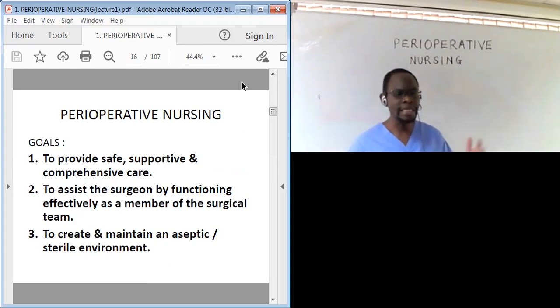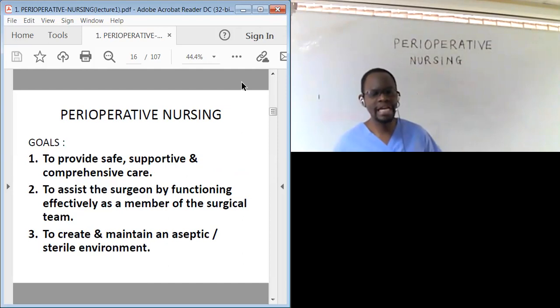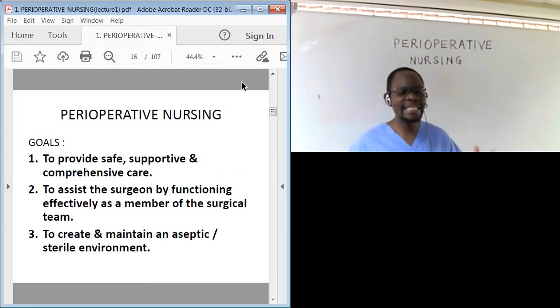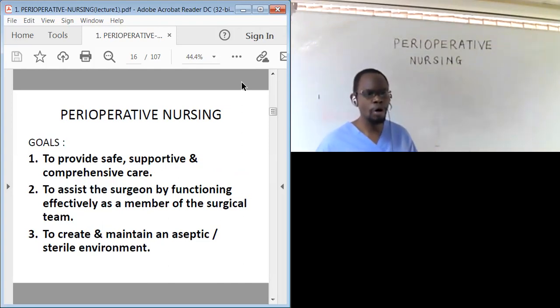During an operation, it is not only the surgeon, but basically a team, among which are nurses. So the nurse acts as an effective member as far as the operation is concerned.